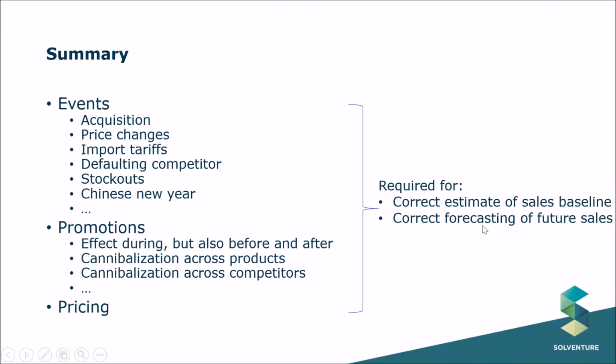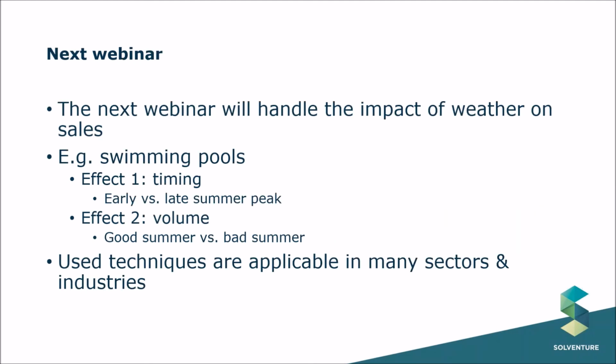Then looking forward, we make the macroeconomic forecast of the baseline sales, and we can add the events and promotions and pricing information back to it to really come to a significantly improved forecast, and in any case, a forecast where you have a much better understanding of what really is driving the future sales compared to not using this type of models.